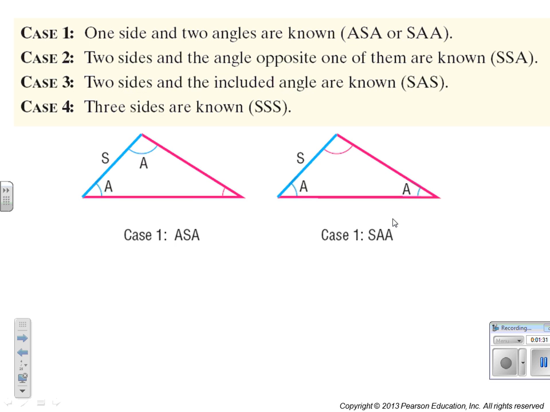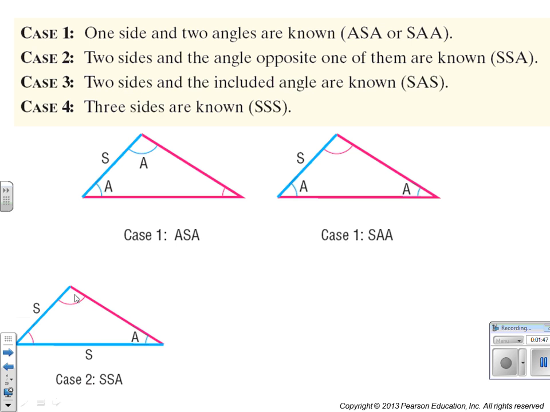Case two, we know two sides and the angle opposite one of them, which is side-side-angle, and that looks like this. The angle is outside of the sides. It's not interior to the sides.